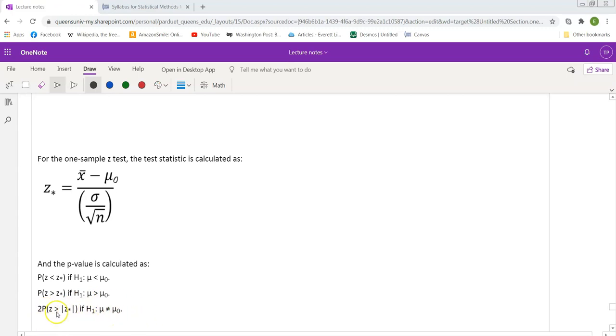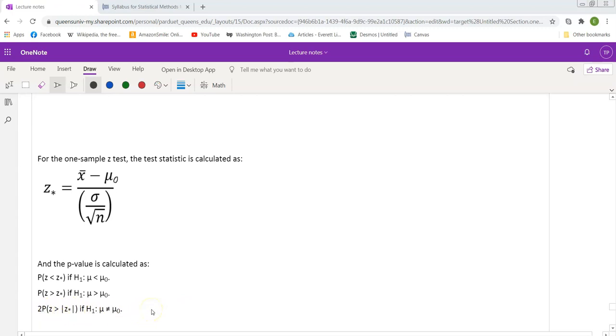For this one, we're going to reject H0 if the sample mean is too far away from the hypothesized value in either direction. And so for that situation, we have to take the tail area and multiply it by 2.